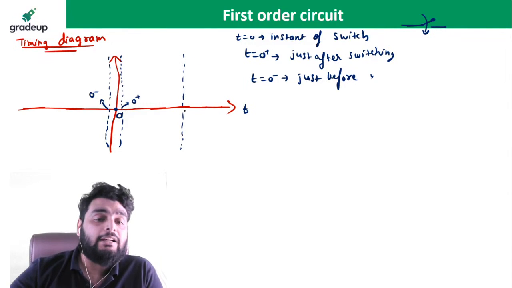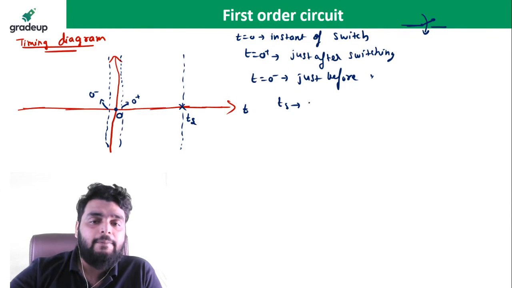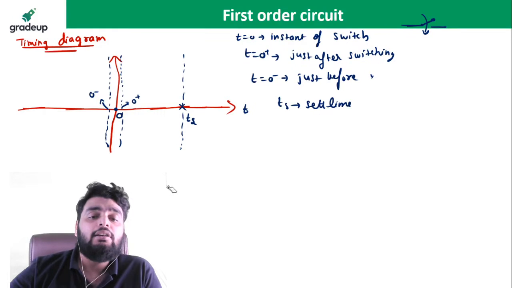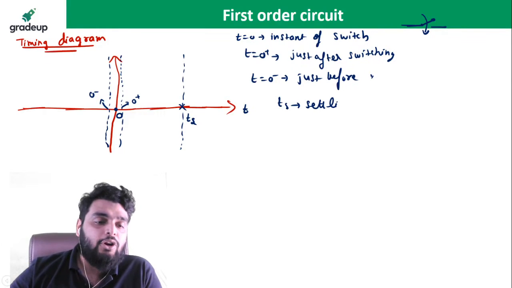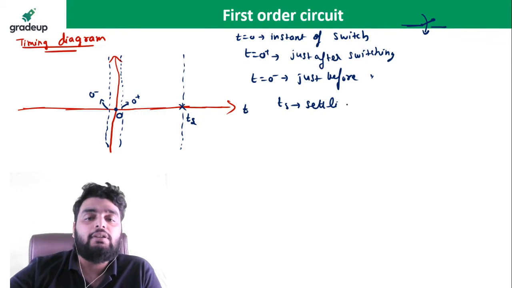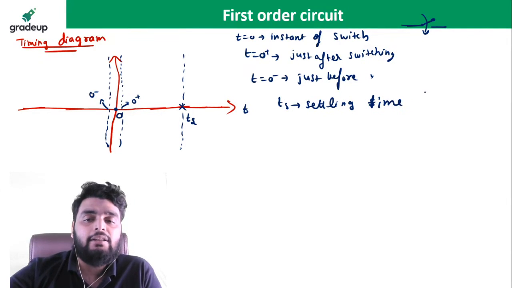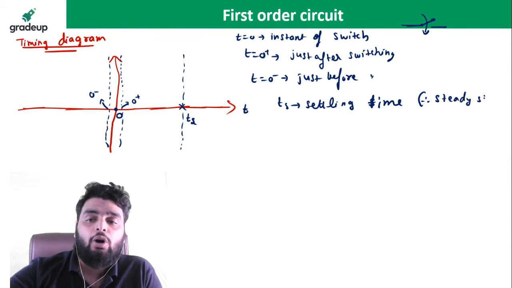Now we have one more time: steady state settling time, TS. TS is the settling time. Settling time is the time when the transient ends, because there will be a time when the transient will die out and your steady state will start. This is the time at which the transient ends, or you can say it is the time to reach the steady state also.